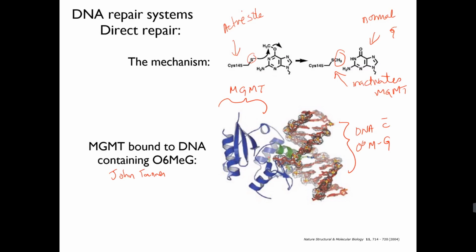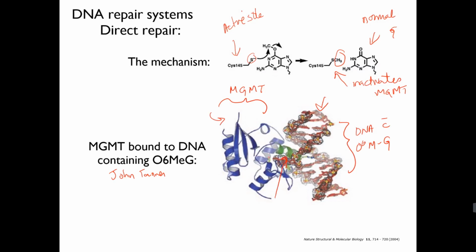So again, we have our DNA, right? MGMT is over here. And what I want to draw your attention to is this little green bit of protein. I'll show you a different view in a minute that I think might make it clearer.